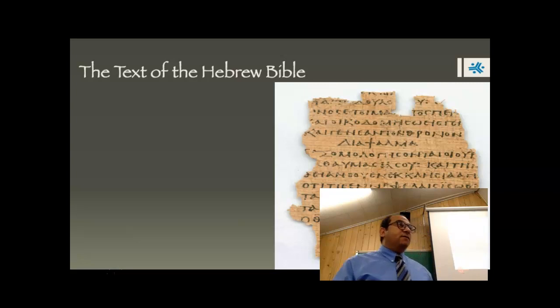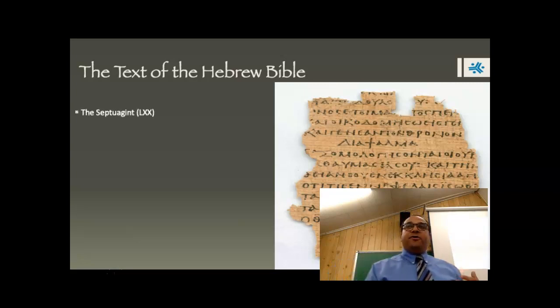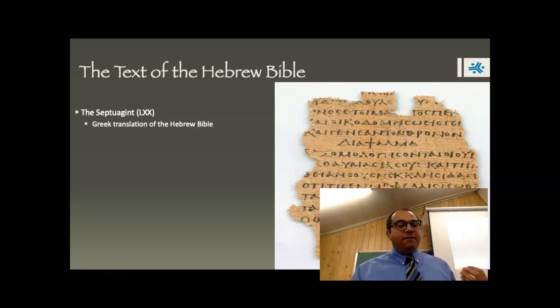Prior to that, we have another textual evidence or witness, which is called the Septuagint or the LXX. These are Roman numerals for the number 70. The Septuagint is a Greek translation of the Hebrew Bible.